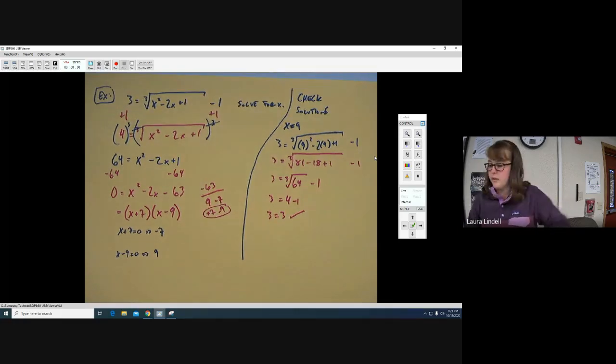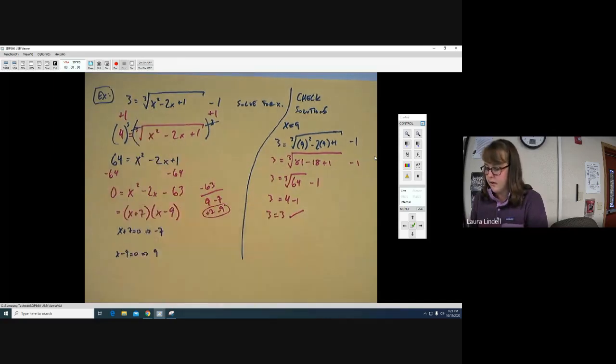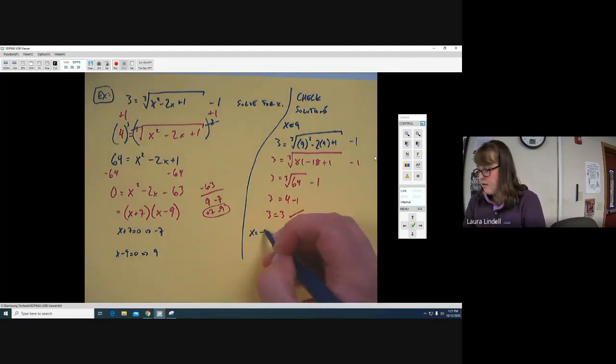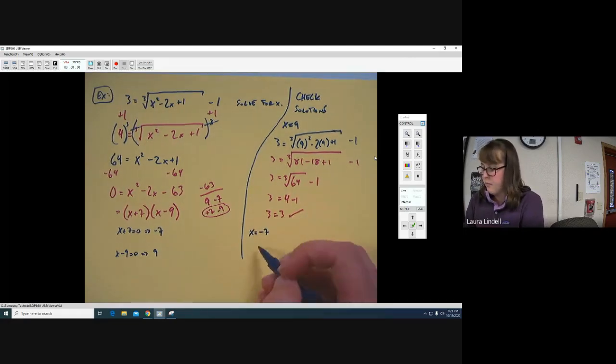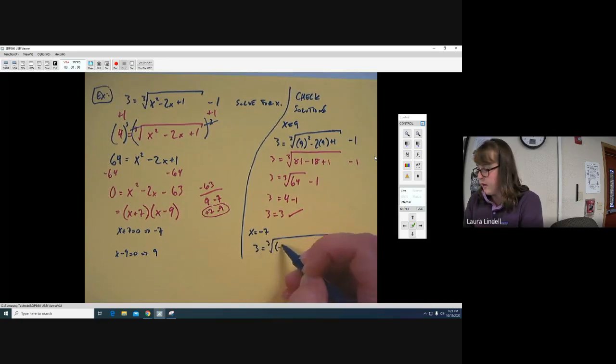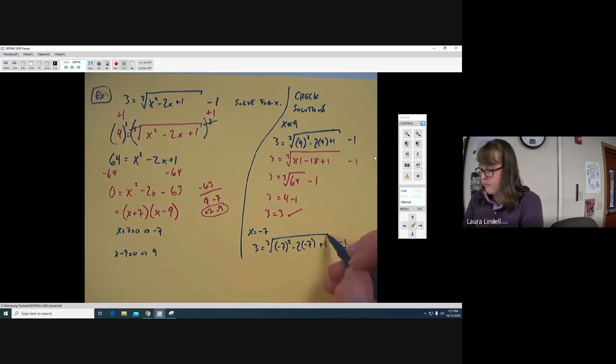for this equation here. But then we want to go back and check the other one, x equals negative 7. So we would do the same thing. 3 equals the cube root of negative 7 squared minus 2 times negative 7 plus 1, minus 1.